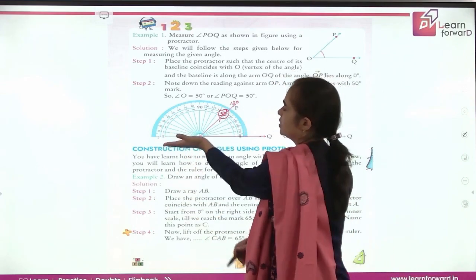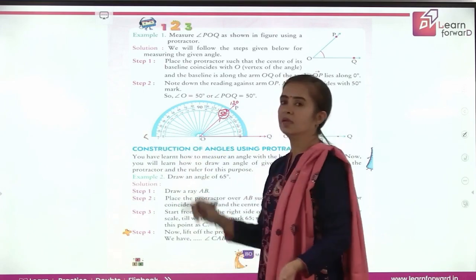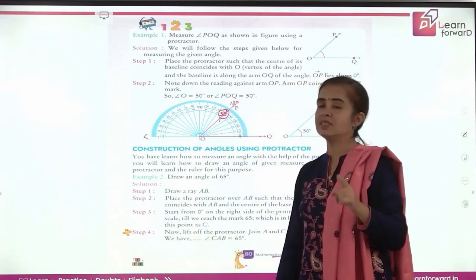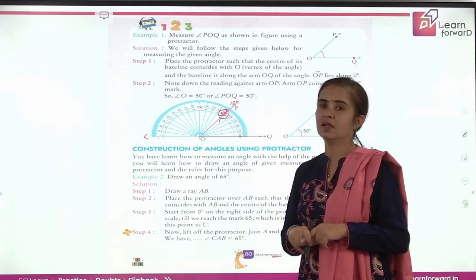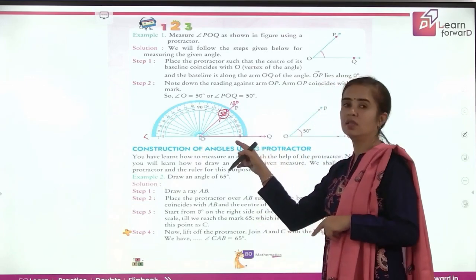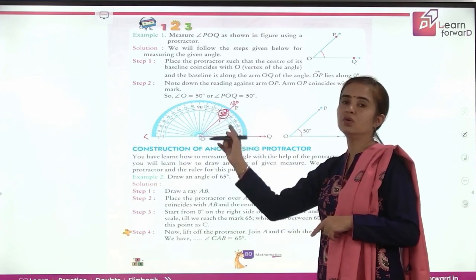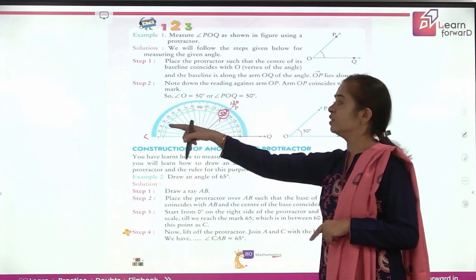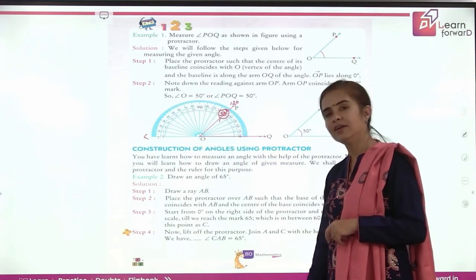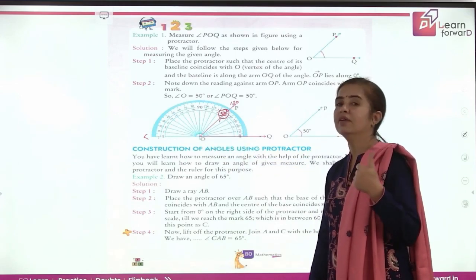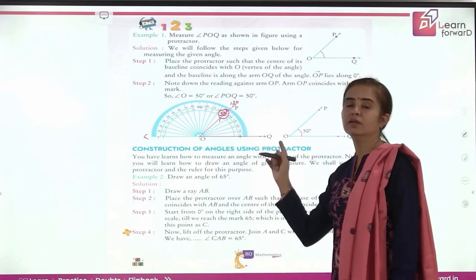Because my base arm is on this side. So, wherever the base arm of your angle is, you will read 0 from that scale. If it touches your 0 on this side, move reading 0, 10, 20, up to 50. If it starts from here, you will start reading and you will stop at 130. So, the same angle will be measured from which side?